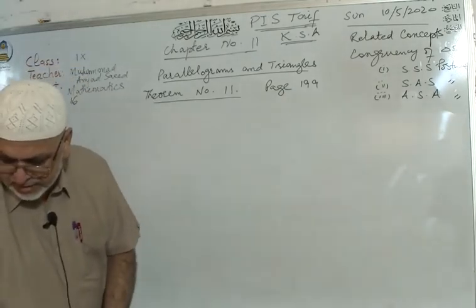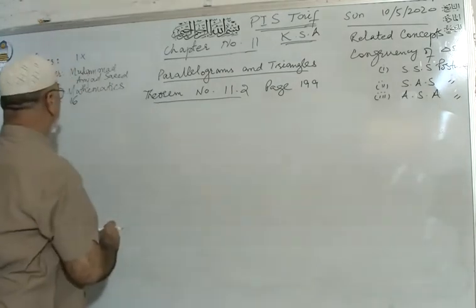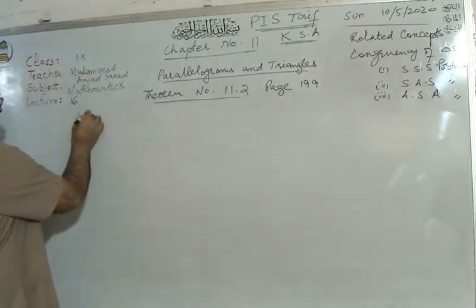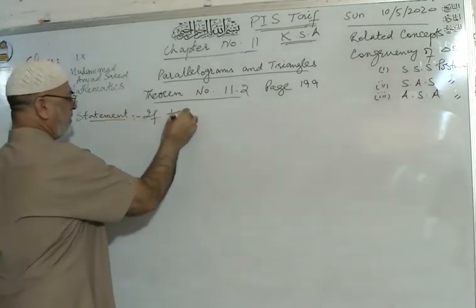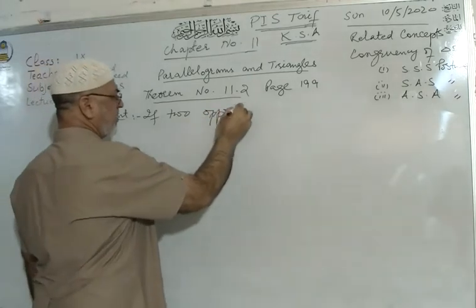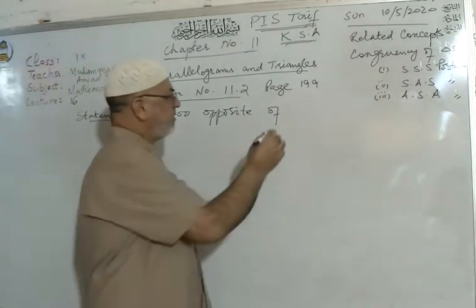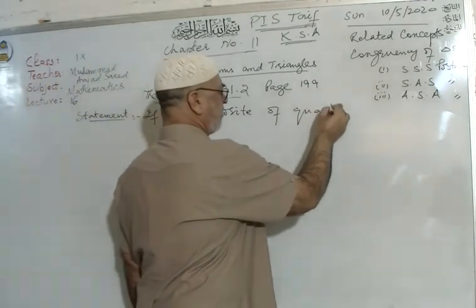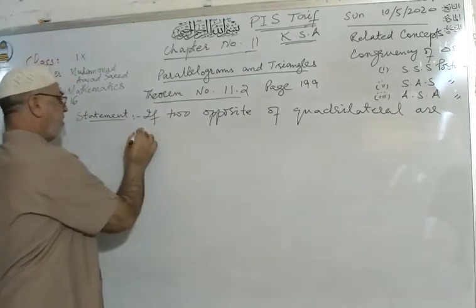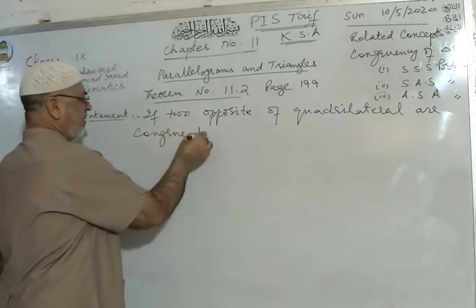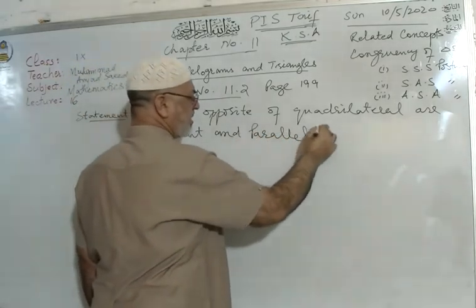Theorem number 2 is the statement: if two opposite sides of a quadrilateral are congruent and parallel, it is a parallelogram.